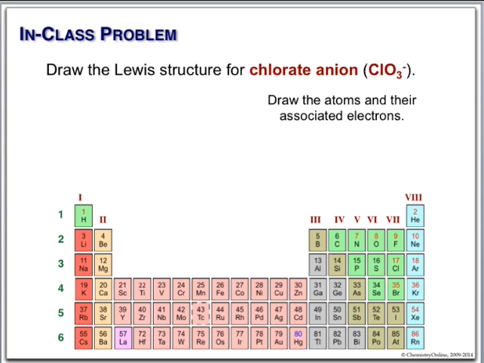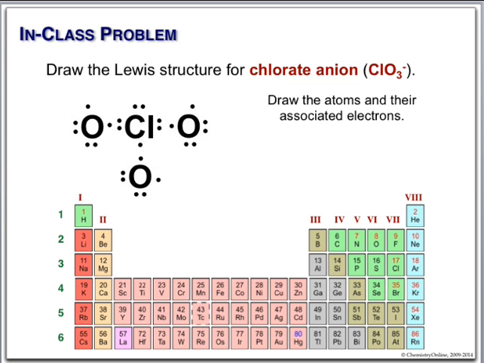Put the 3 oxygens around the chlorine, give them all 6 dots. Here's our chlorine in the middle. 1, 2, 3, 4, 5, 6, 7 electrons. Here's our oxygen. 1 pair, 2 pair, 2 single. Single, 1 pair, 2 pair, 2 single.